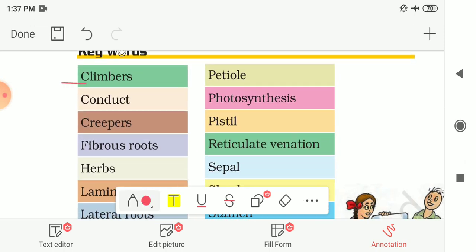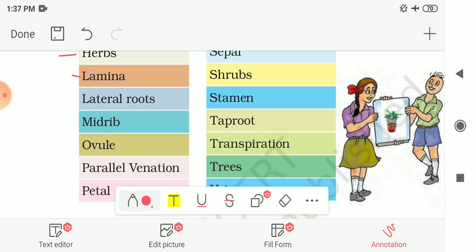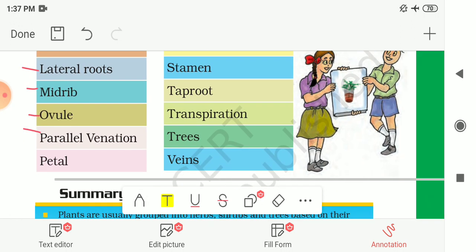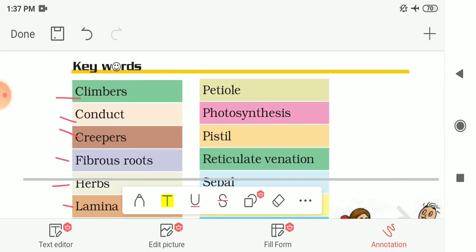The first one is climbers. Next is conduct. Then creepers, fibrous roots, herbs. Next one is lamina. Then lateral roots, midrib, ovule, parallel venation, petal. Then next one is petiole.